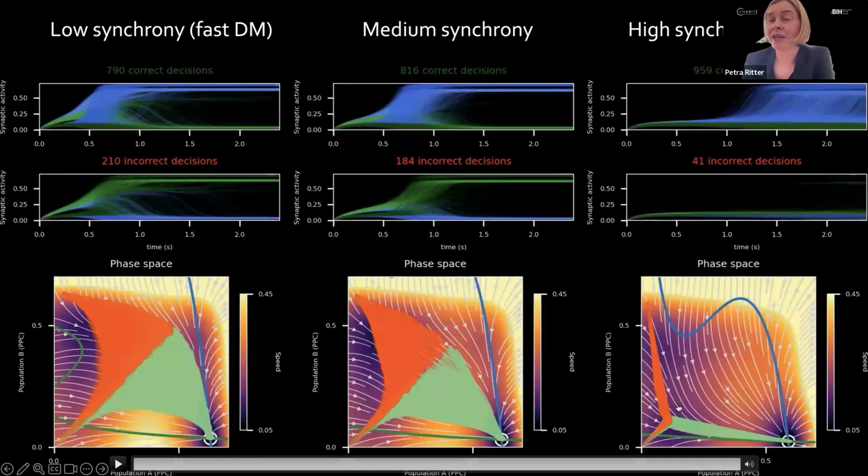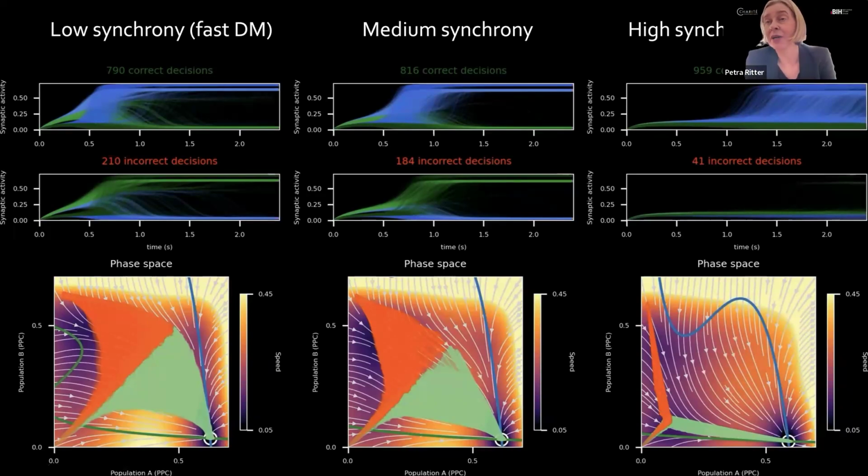I cannot go into the details now, but basically if the activity ramps up in the prefrontal cortex, then after a while this fixed point is released, and this then leads to a better informed decision, with a lower fraction of incorrect decisions. And this shows you how nicely such a brain network model can help us not only to understand the dynamics, for example, of traveling waves, but also how this leads to different cognitive performances.